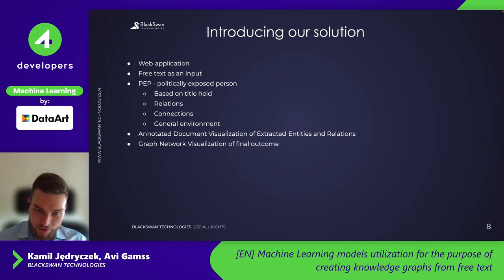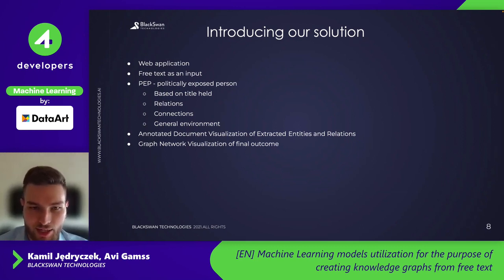In our solution, you will see it in a minute, we have two views. The first is the annotated document visualization that contains entities and relations. And by the way, you already saw the print screen of that before. If you are familiar with the NLP field, you know this kind of view, where you have highlights for an entity and arrows between those entities in an annotated text.